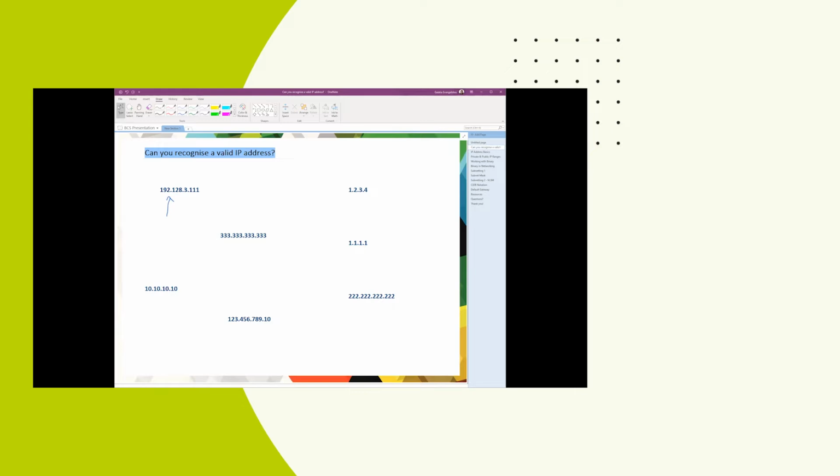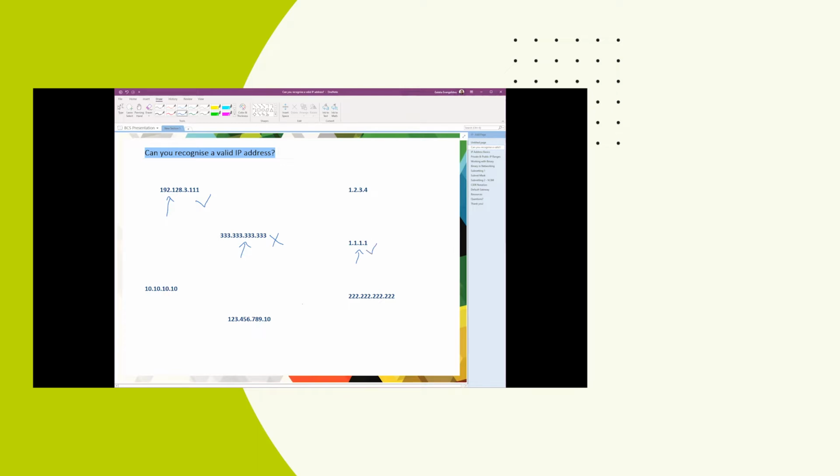Yeah, I'm happy to see that. There are some of you recognizing that this is a valid IP address. So I'm going to put a check next to it. What about this one? Does it look like a valid IP address? No. Yeah, that's right. That's not a valid IP address. This one? Yes, this is a valid IP address.